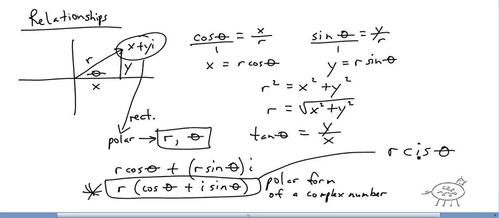So it's a cosine of theta and imaginary number or imaginary value times the sine of theta. All right, so let's do a problem here with that. The directions will be write 6, and I'm going to write it in abbreviated form already. 6 cis 135 in rectangular form.